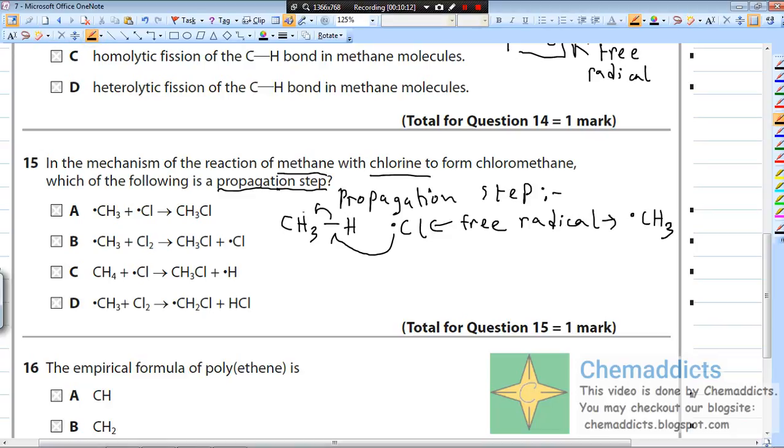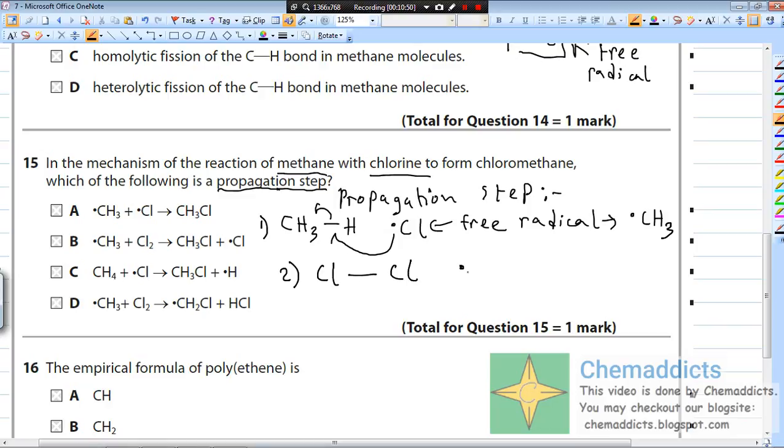So in the propagation step, at first, this chlorine free radical attacks the methane molecule, which causes the homolytic fission of the methane molecule to form another free radical, called the methyl free radical, CH3. So this is one possible reaction. Another possible reaction is that this methyl free radical can attack another chlorine molecule.